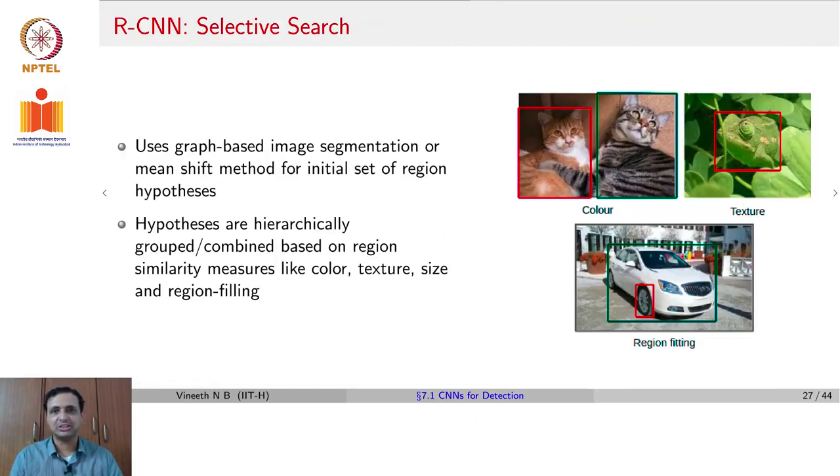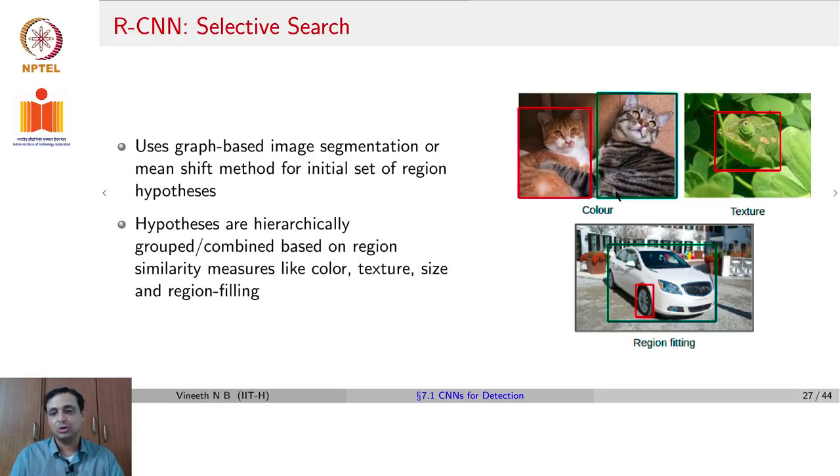How do you do that first stage, selective search? The selective search module uses a graph-based image segmentation or a mean shift-based image segmentation to get an initial set of region hypotheses. These hypotheses are then hierarchically grouped based on region similarity measures like color, texture, size, region filling, and so on.